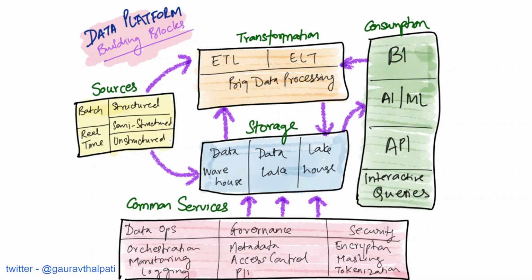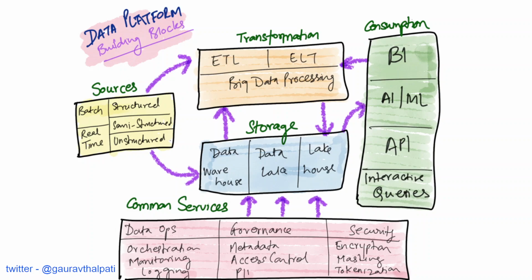Now, apart from these high-level categories, the sources will be sending us data which is either in a structured form, or semi-structured form, or an unstructured form. Structured data is like your CSVs and RDBMS, where there is a proper structure to your source systems.